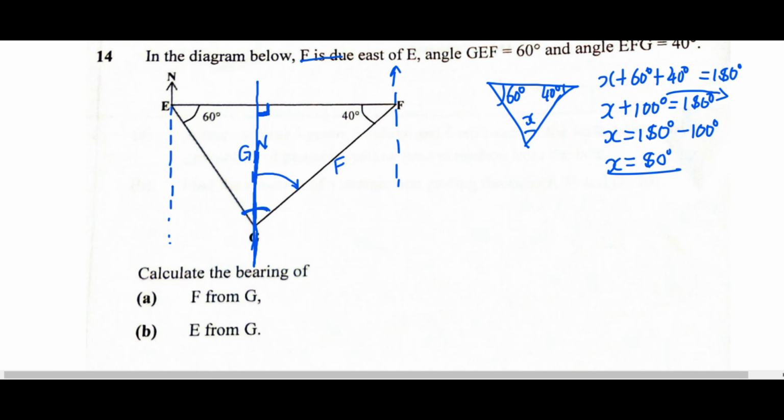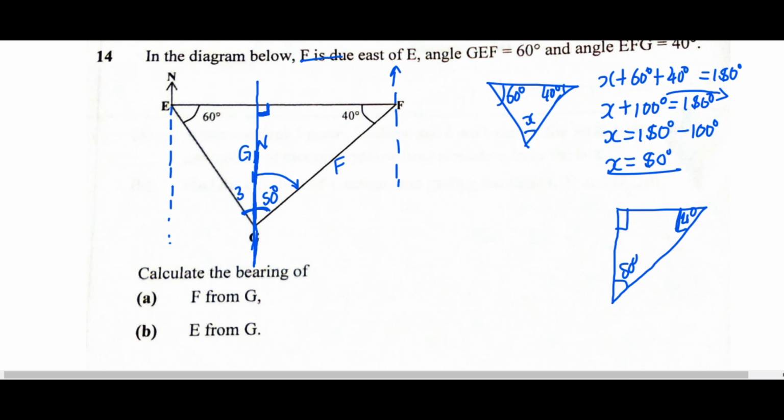So the other way we can find this angle is we can say that we are forming a right-angled triangle like this. Here we have 90, here we have 40. So 90 plus 40 is 130. 130 subtracted from 180, we have 50 here. So this means here we have 50 degrees.